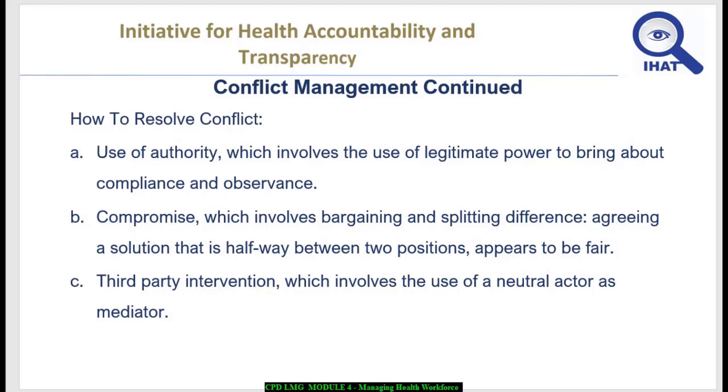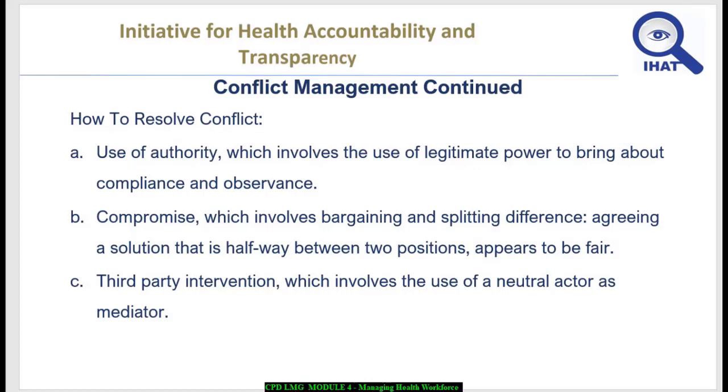What measures are available for us to use to resolve conflict? We have the use of authority, which involves the use of legitimate power to bring about compliance and observance. We also have a compromise, which involves bargaining and splitting the difference.